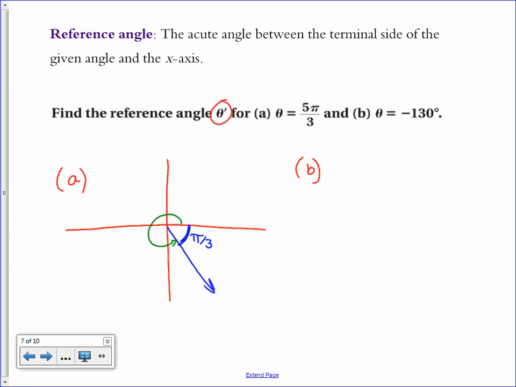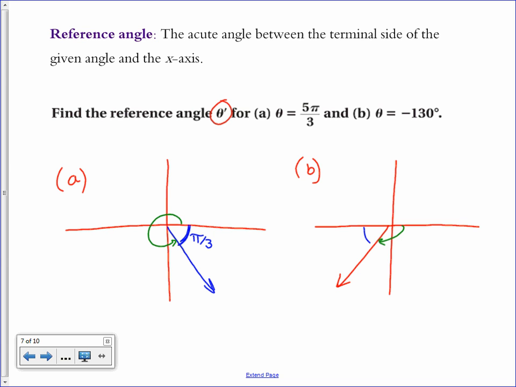The next one's in degrees, a negative 130 degree angle. I want to locate that first. It's going to be heading in the clockwise direction because it's negative, and it puts me about here in the third quadrant when I've traveled this way to get it. Now the acute angle I'm trying to find, between that terminal side and the x-axis, is over here.